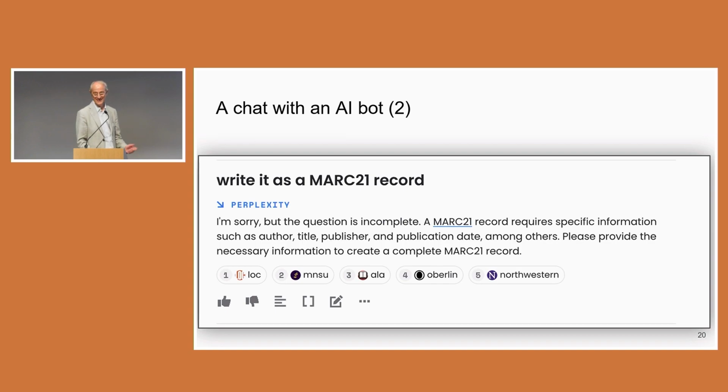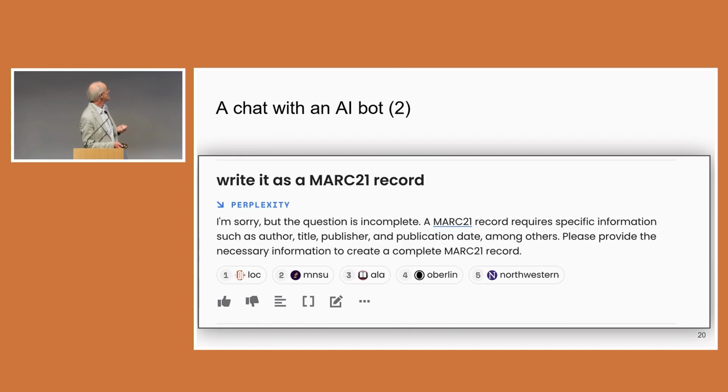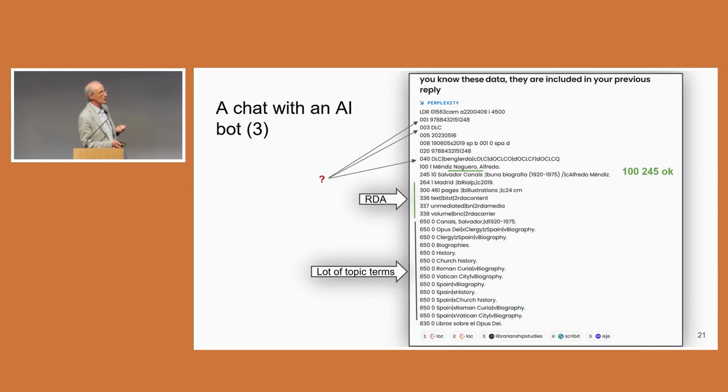I'm sorry, the MARC 21 record requires specific information. Well, okay, you are an artificial intelligence. And so I asked, please, you know this data, they are included in the previous reply. And the reply was, yes. The record was created. Very interesting.